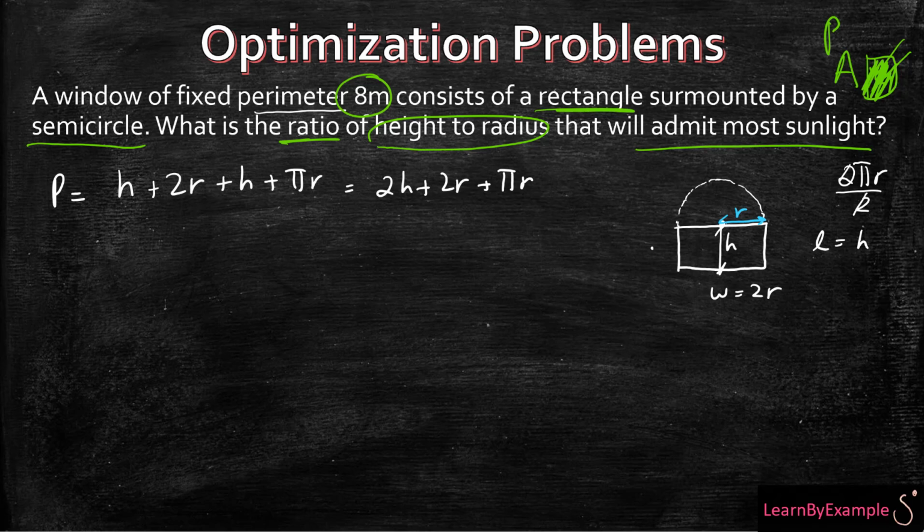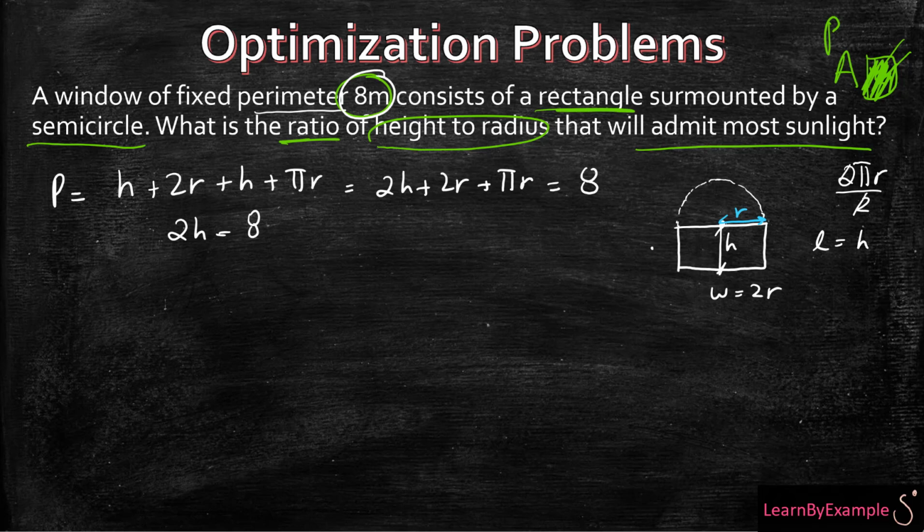Now, we immediately know that everything should be in terms of h and r, so we might as well write your h in terms of your r, right? So why don't we rearrange that? So 2h is equal to 8, because this is all equal to 8, right? It's given as 8.